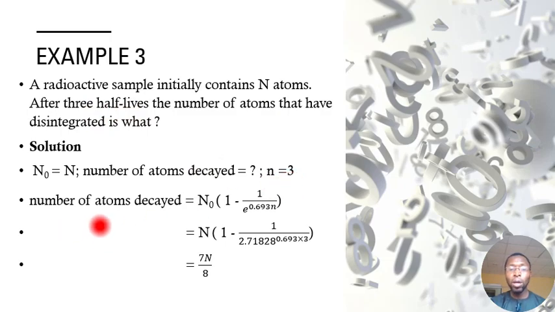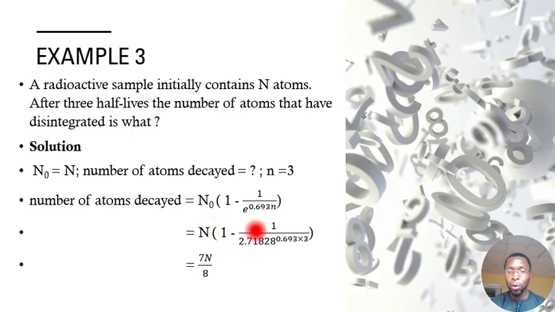Now by formula, the number of atoms that decay will be equal to N0 open bracket 1 minus 1 over Euler's constant to the power 0.693 n. Of course, our N0 is given to be N in this question, it's not a number this time around. The initial amount before decay occurs, so N0 is N now.